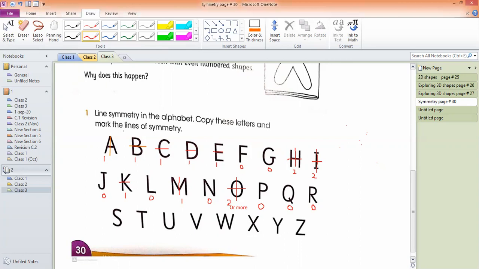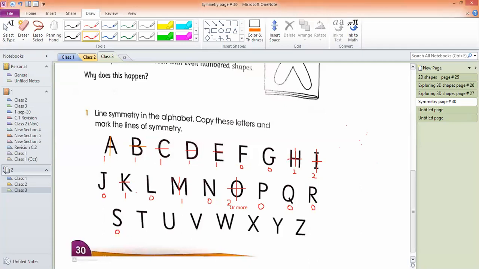If you draw a vertical line, you can see these two parts are different. If you draw a horizontal line of symmetry, you can see this part is different than this. This is open and this is closed. So you will say there is no symmetry in S.